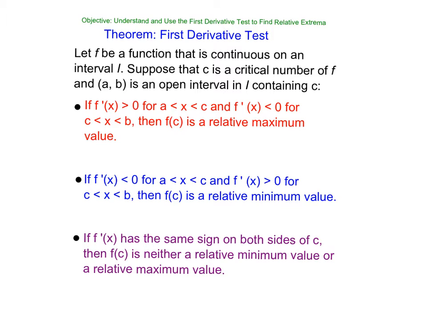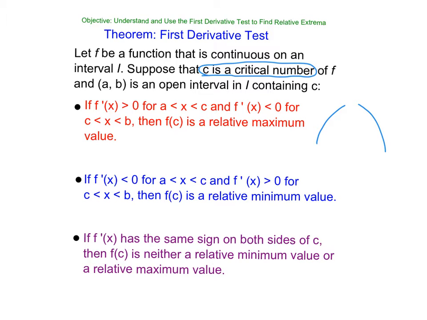So the first derivative test: f is continuous. C is a critical number, right? So if f prime is greater than 0, and then f prime is less than 0, then f of c is a relative max. So the slope goes from a positive to a negative.